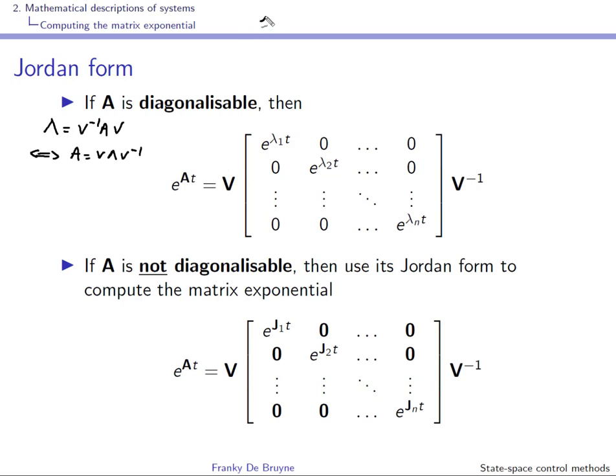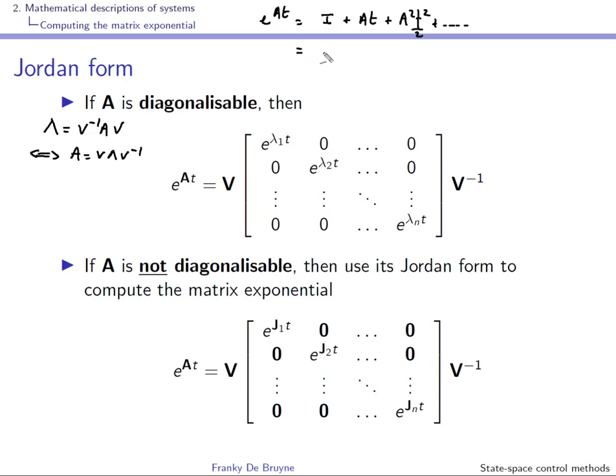We know that the exponential of At is the identity matrix, plus At, plus A squared t squared over 2, plus etc. Remember, this is the Taylor series decomposition. So what we can do is rewrite things a little bit.